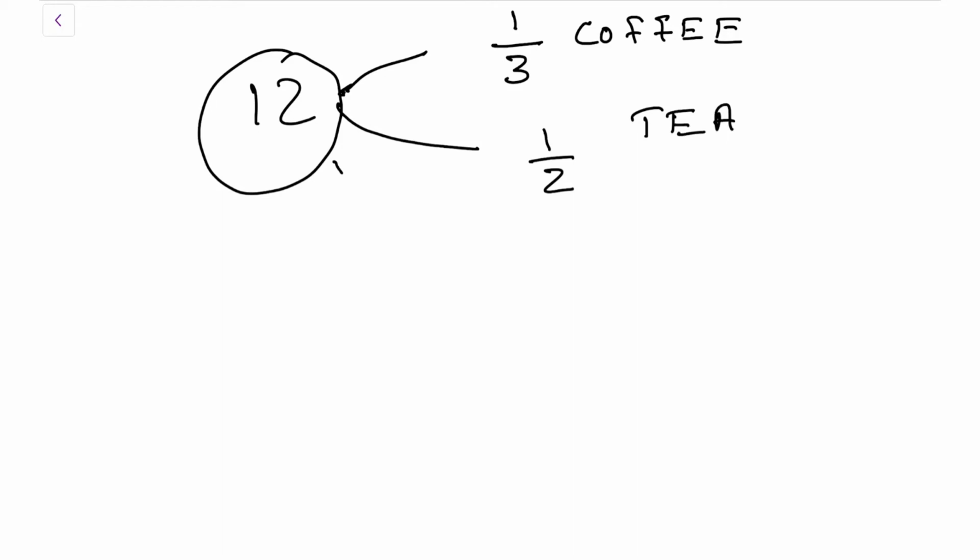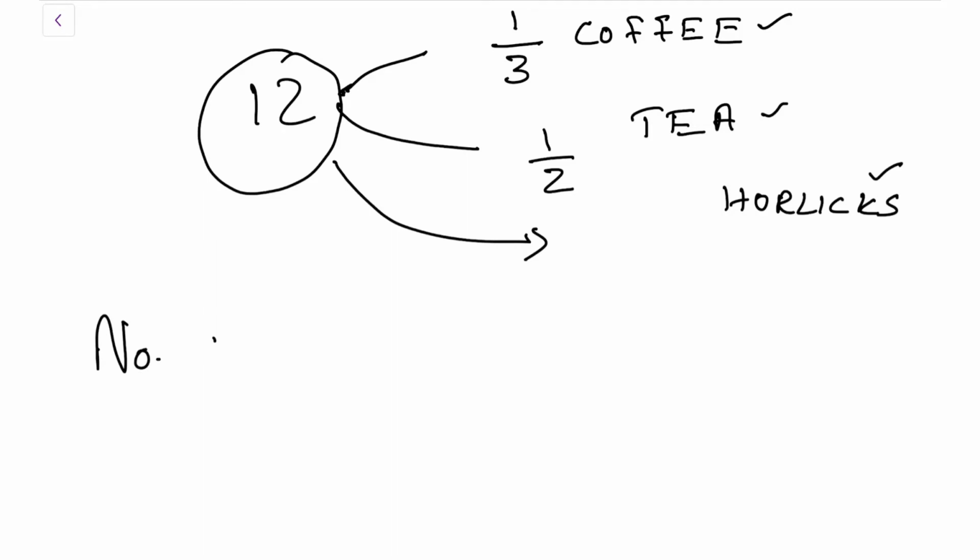And they're saying the others, we don't know how much that is, drink Horlicks. So how do we find out how many people drink coffee, how many drink tea, and how many drink Horlicks?